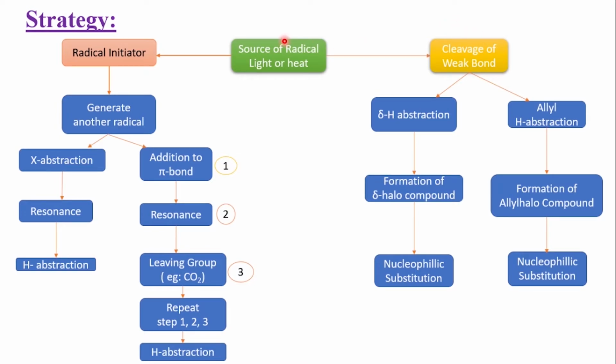If in the radical reaction a radical initiator is not given, we have to identify a weak bond, because in the presence of heat or light, we can cleave a weak bond homolytically. After cleaving the weak bond, there are two possibilities: the radical will undergo delta hydrogen abstraction or allyl hydrogen abstraction. If the compound undergoes delta hydrogen abstraction, a delta halo compound forms.